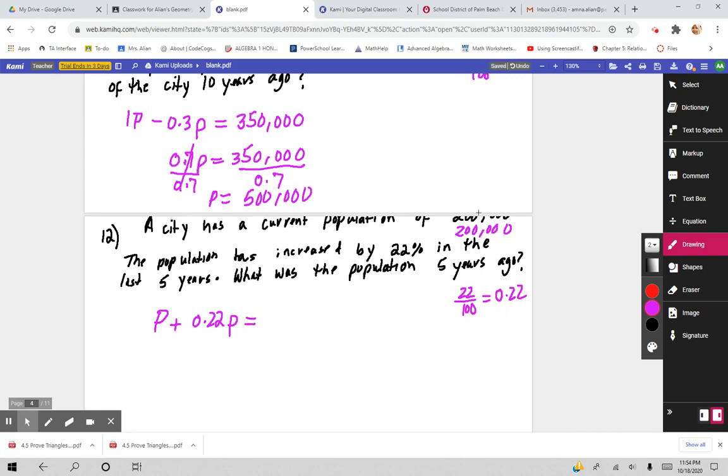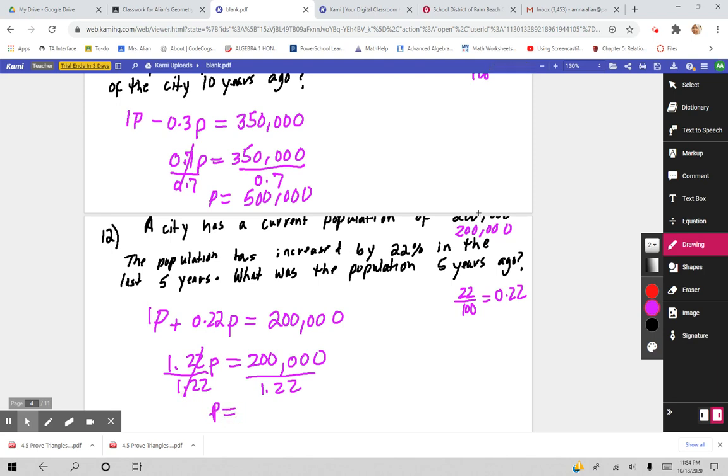Which brings us to the current population, 200,000. So what was the original population? Well, this is 1.22p. Put your like terms together. Divide both sides by 1.22. And you'll get p by itself.